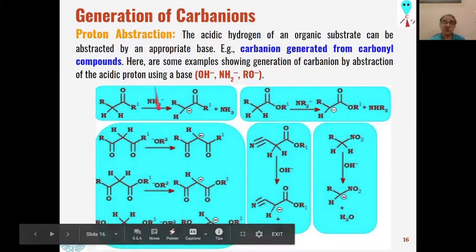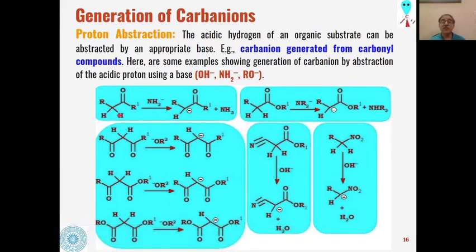So you can see the number of examples given over here. In all these examples, if you see closely, we have a carbonyl group adjacent to a carbon bearing hydrogen atoms. Because of the presence of this carbonyl group, these protons become acidic, and that means these can be abstracted very easily.